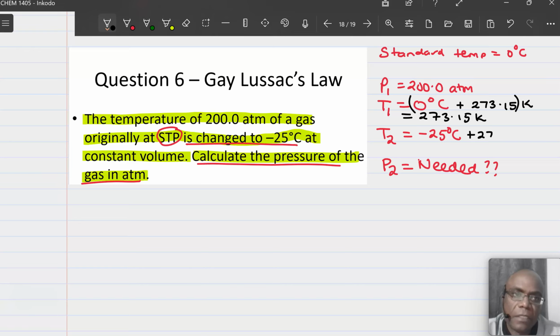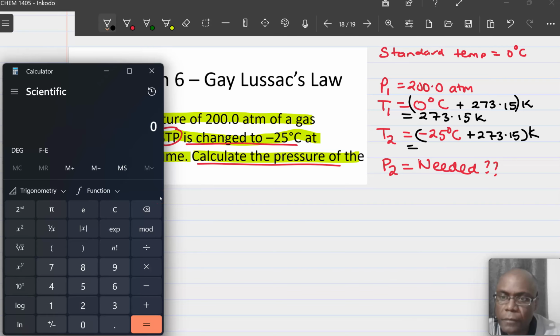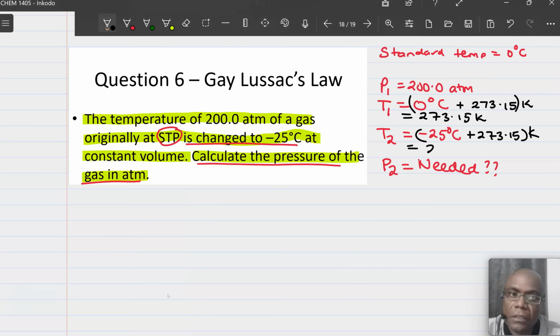For T2, I do the same thing. I add 273.15. It's going to give me the answer in K. Let's see what that is. 273.15 minus 25, so it's 248.15 K. I know that P1 over T1 must always be equal to P2 over T2.